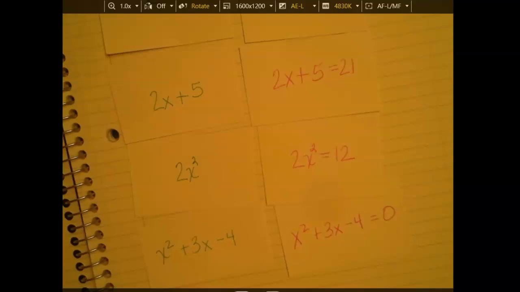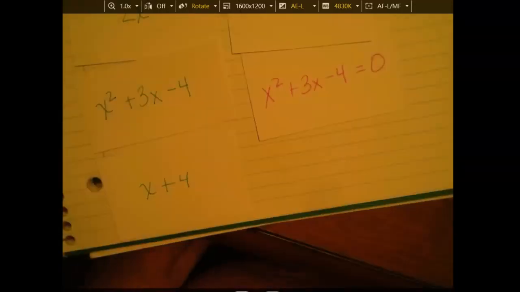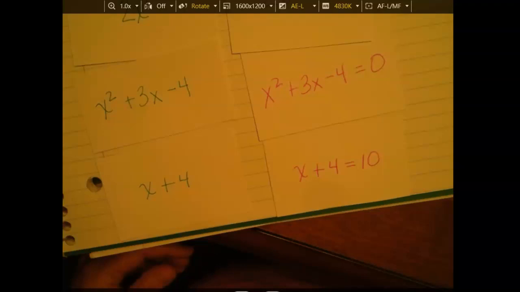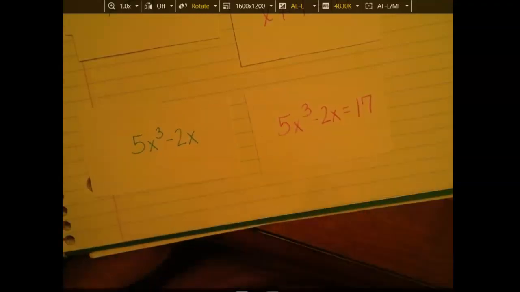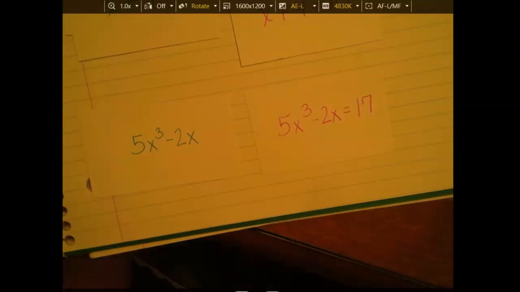No, maybe not. X plus 4, move down because all my cards won't show at once, is an expression. X plus 4 equals 10 is an equation. And then I'm going to scooch all this up because I have one more. 5x to the third minus 2x is an expression, and 5x to the third minus 2x equals 17 is an equation. Now, we could make equations in another way.